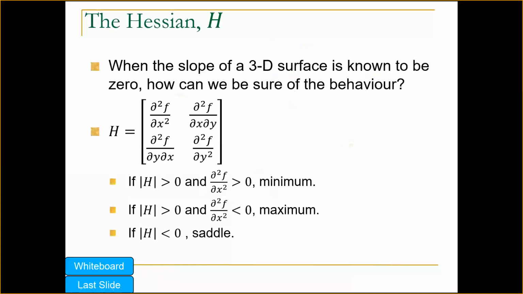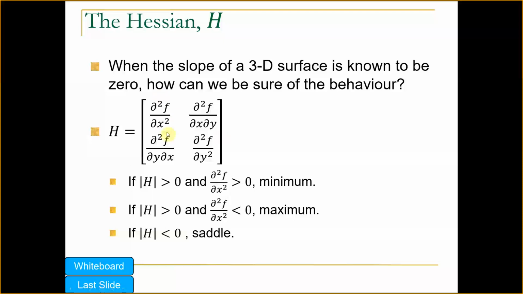When you take the determinant of that matrix, if it's positive, it's a minimum, right? No. If both are positive, it's a minimum. If the determinant of the Hessian is positive, it can be a maximum also if the second derivative with respect to x is negative. Everybody see that?